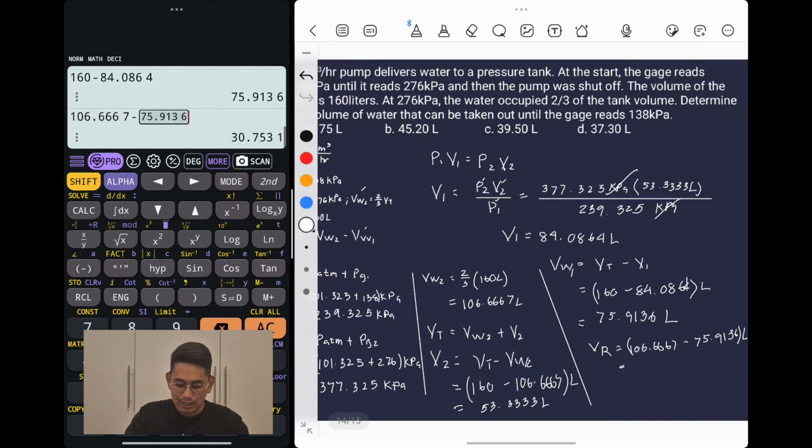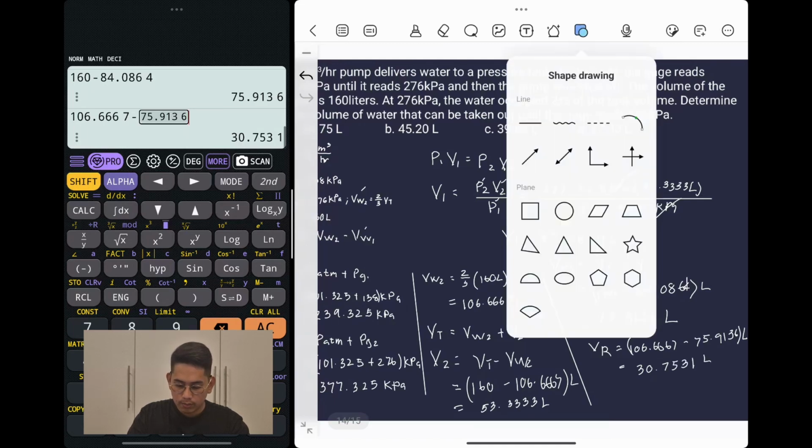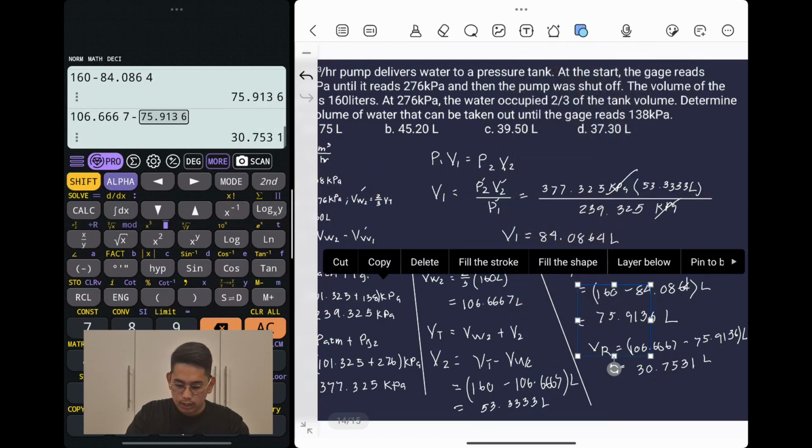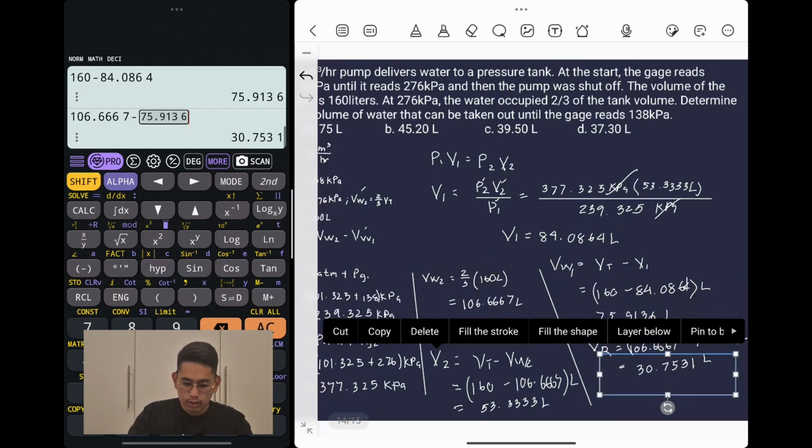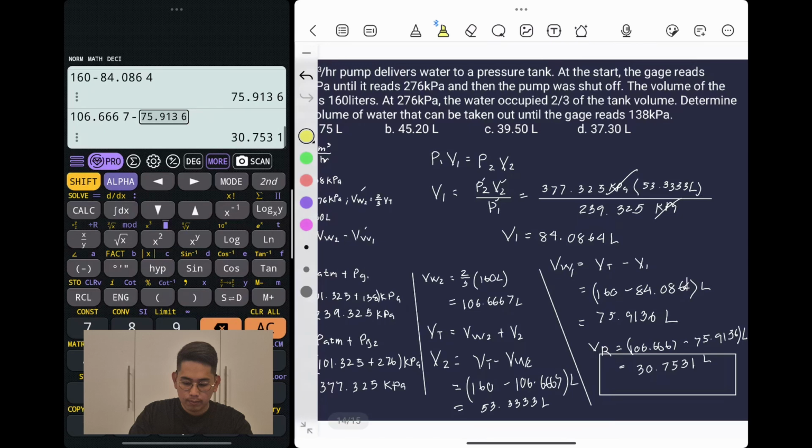BW2 is 106.6667 minus 75.9136. So, equal siya sa 106.6667 minus 30.7531 liters. Yun ang ating final answer.